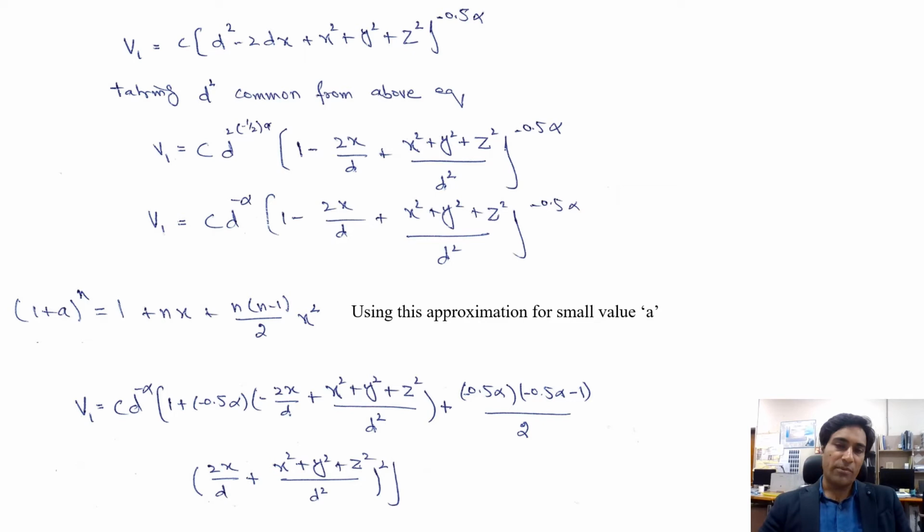When we use this approximation, we get V1 equals C d to the power minus alpha into [1 plus (minus alpha over 2)(minus 2x over d plus (x squared plus y squared plus z squared) over d squared) plus ((minus alpha over 2)(minus alpha over 2 minus 1) over 2)(minus 2x over d plus (x squared plus y squared plus z squared) over d squared) whole squared].